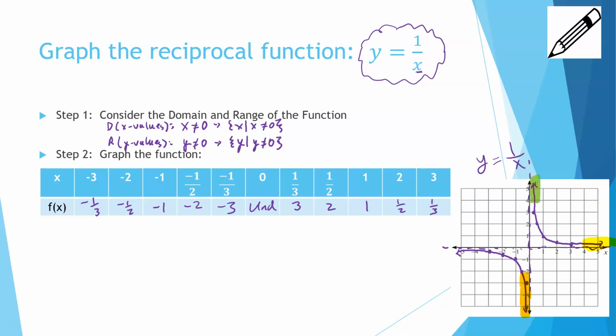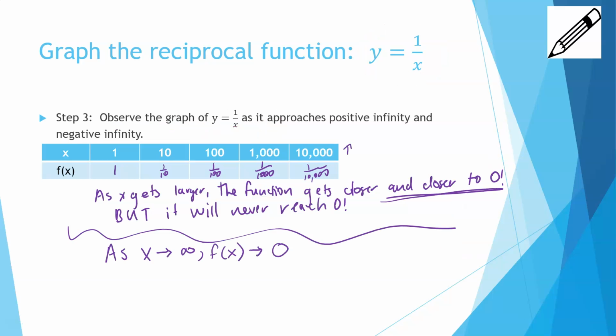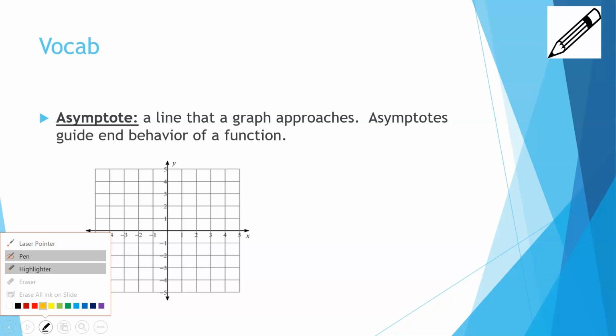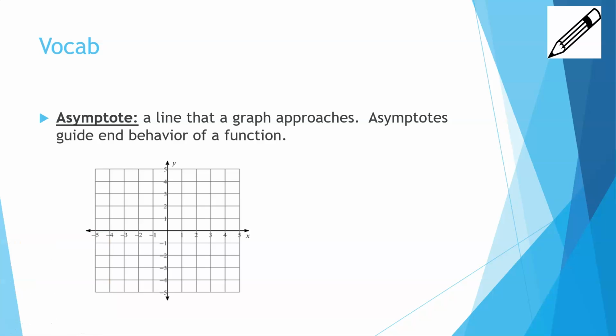Okay, so now that we look at all of this, again, we're seeing that these key spots are approaching these dotted lines that I said were going to be very, very important. Those are lines that it gets close to, but it doesn't actually touch. And they have a special name. They're called asymptotes. So I would get this in your notes. An asymptote is a line that a graph approaches. Asymptotes guide end behavior of a function, and we kind of referenced that already.